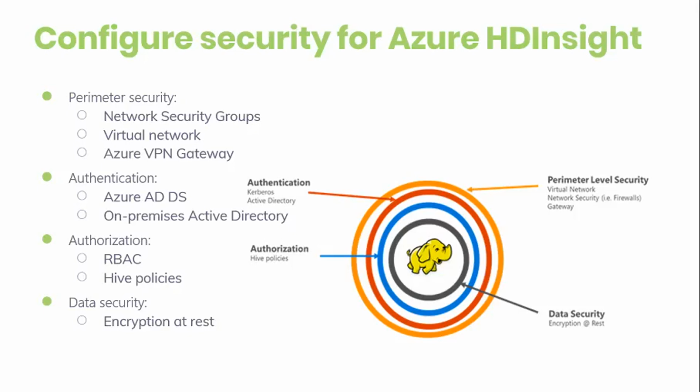Only the IP addresses defined in the inbound firewall rules will be able to communicate with the HDInsight cluster. This configuration provides perimeter security. Another layer of perimeter security is achieved through the VPN Gateway service.